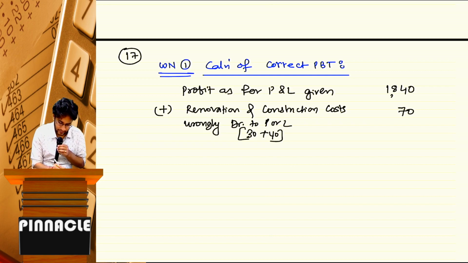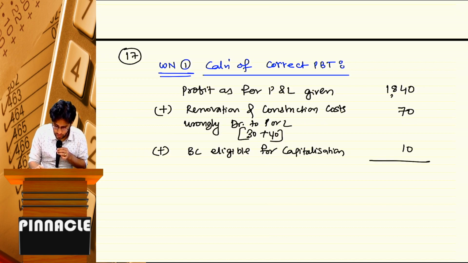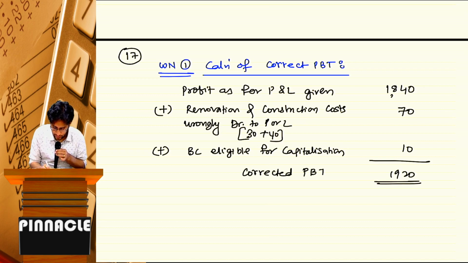Not only this, borrowing cost eligible for capitalization, 10 lakhs. So 1840 plus 80, 1920. This is your corrected profit before tax.